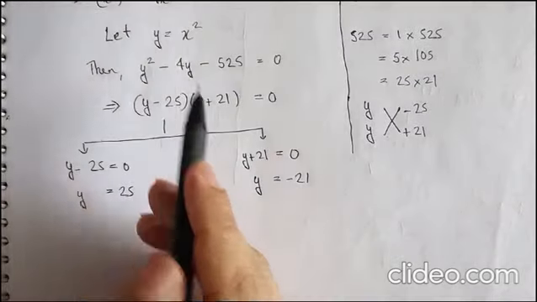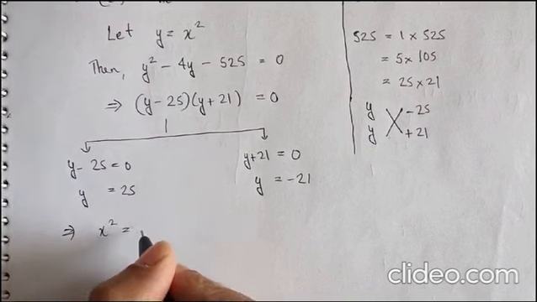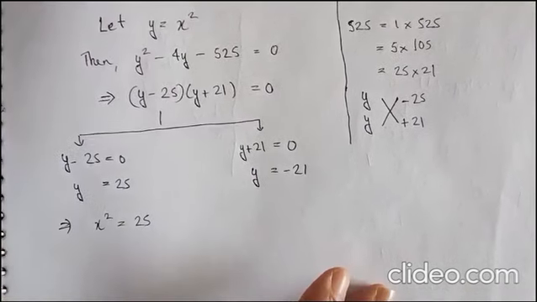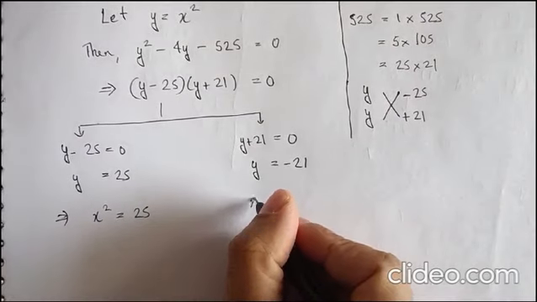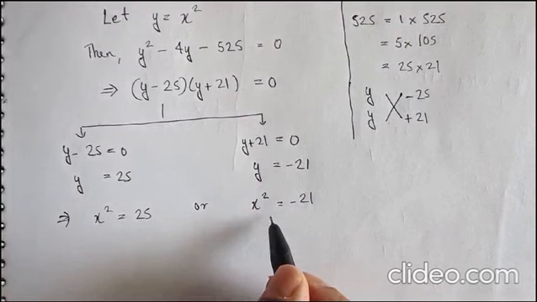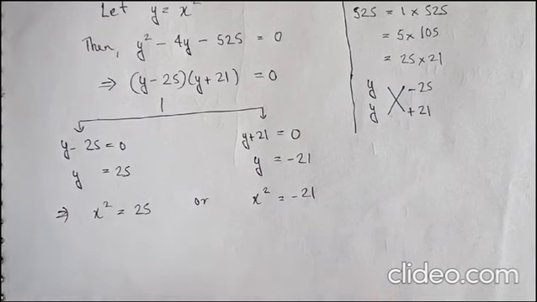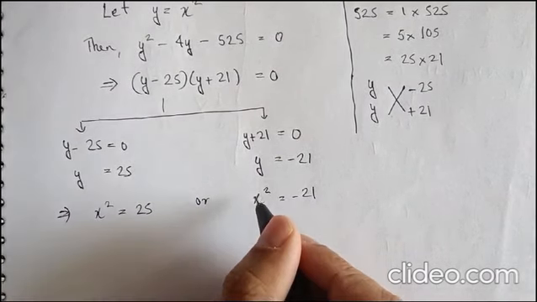And since y is equal to x squared, what does this mean? This means x squared is equal to 25 or x squared is equal to minus 21. But this is indeterminate because square root of a negative number, that is basically an imaginary number. So this we will cross.